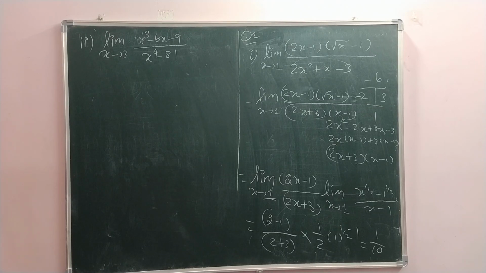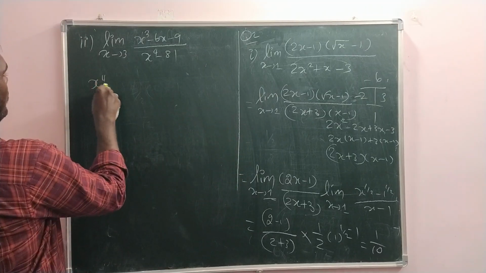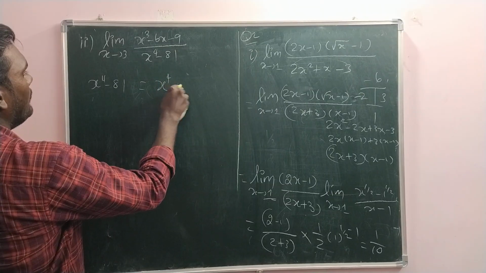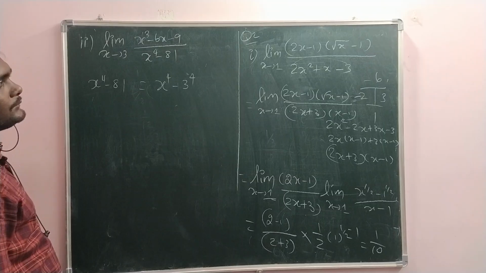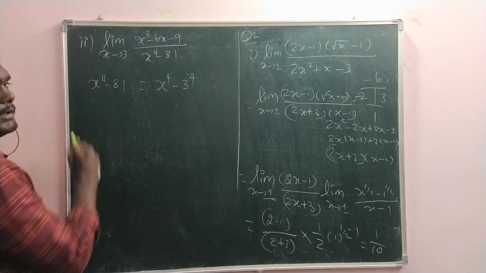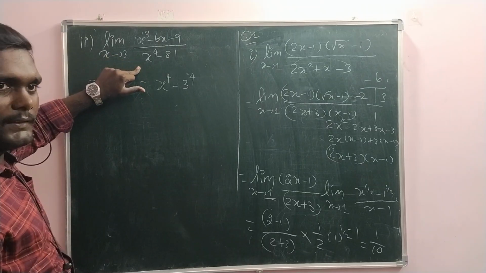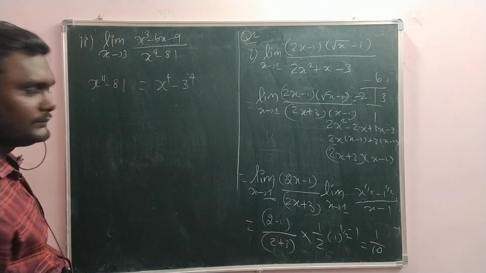Cubic polynomial we can factorize, man. So this x power 4 minus 81 we will take. This is nothing but x power 4 minus 3 power 4, 3 power 4 is 81. See, why I am saying taking the denominator first means because of these factors we may identify these factors.